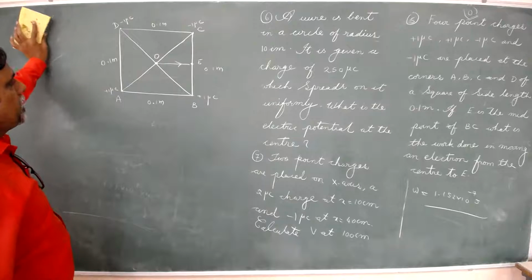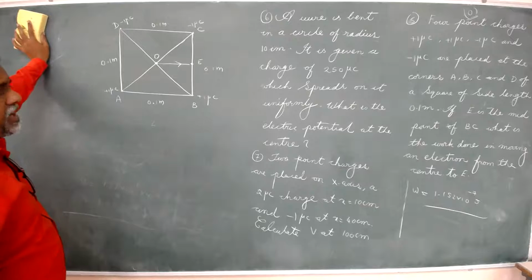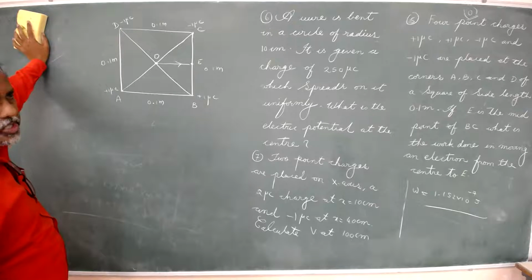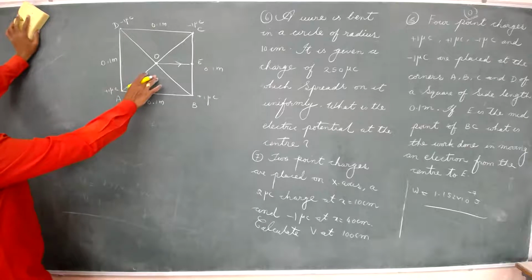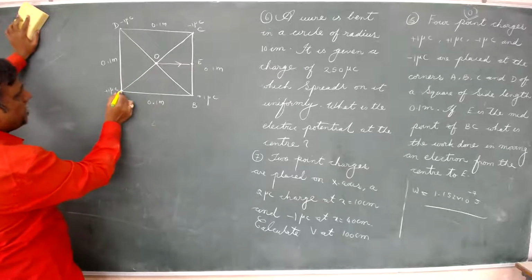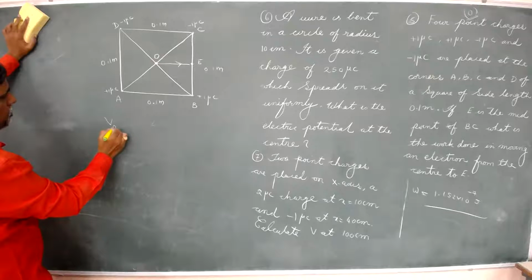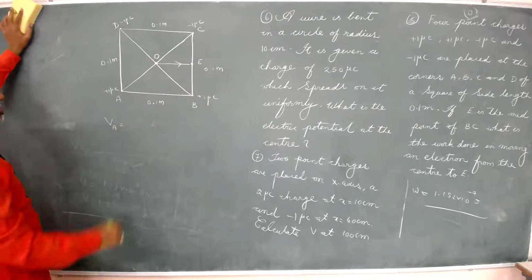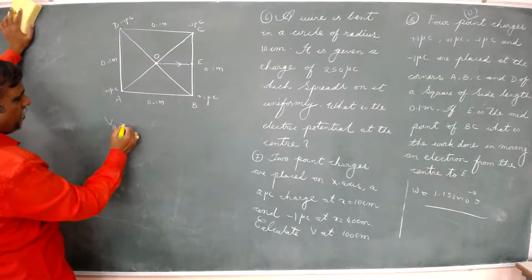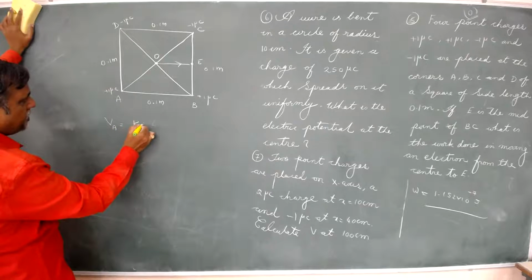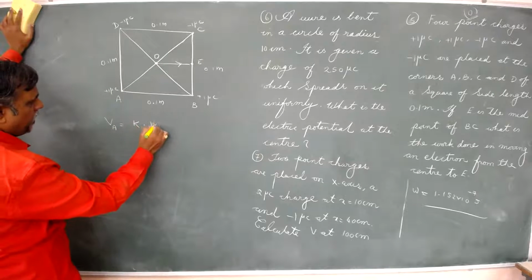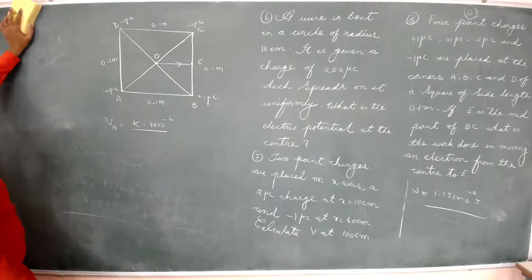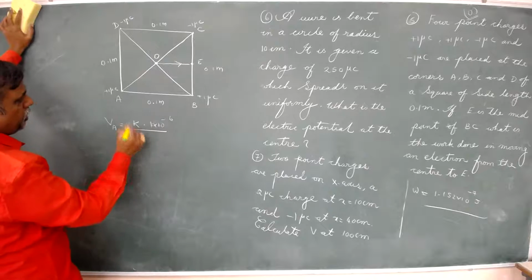First of all, you need to calculate the potential due to all the charges at the center. Now potential due to A, and diagonally opposite I will take. Potential due to A is 1 by 4 pi epsilon naught, that is K, times 1 microcoulomb, that is 1 into 10 power minus 6, divided by R, where the distance R is root 2 into 0.1.